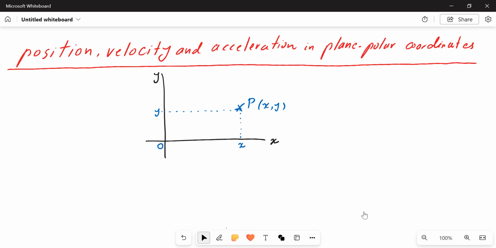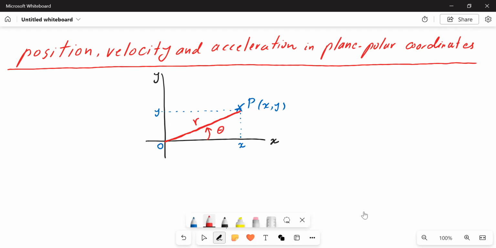The distance is defined as the distance between the origin and the point of interest, which I would show by r, and the angle is the angle that this r makes with the positive x-axis, and it's customary to show it by theta.